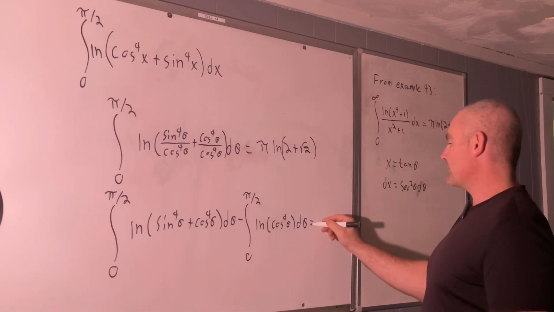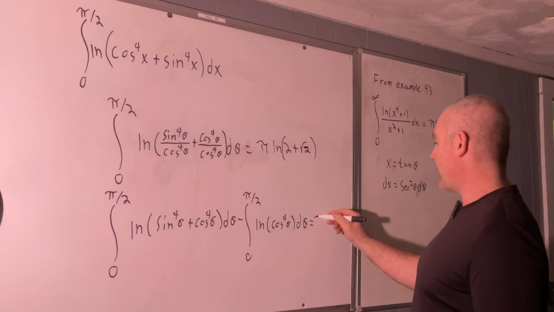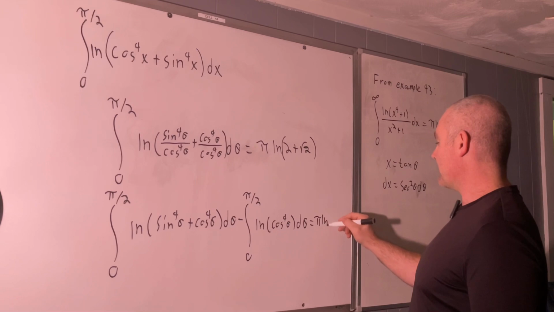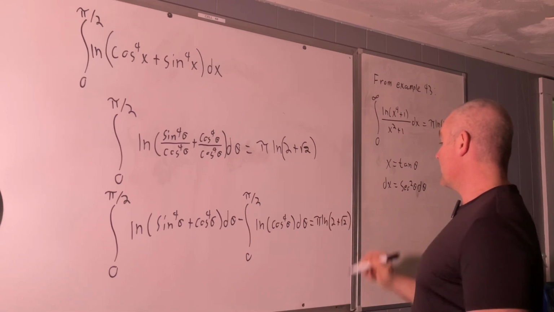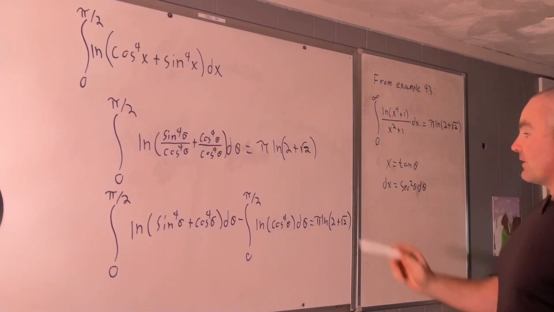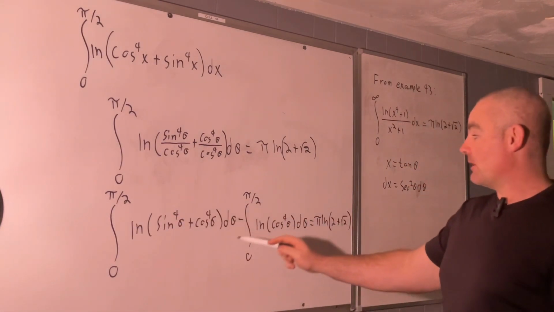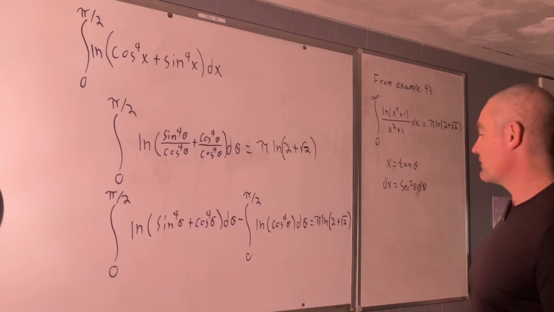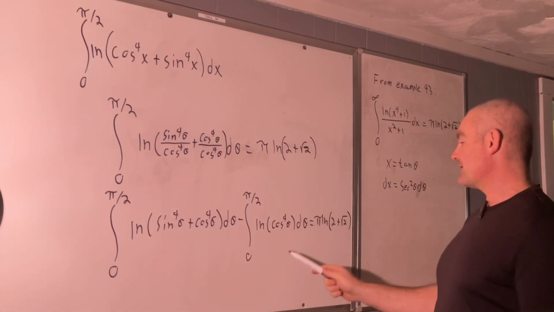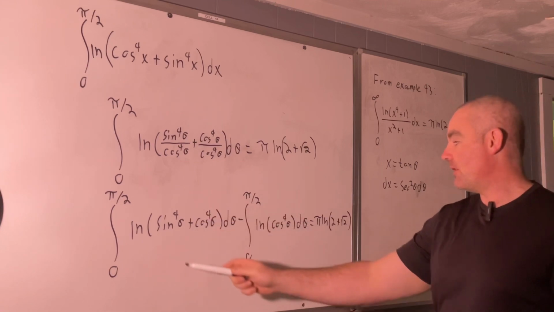And that, of course, is equal to pi natural log of 2 plus the square root of 2. All right, so this is the integral we set out to find the value of right there. So if we know the value of this, then we know the value of this.